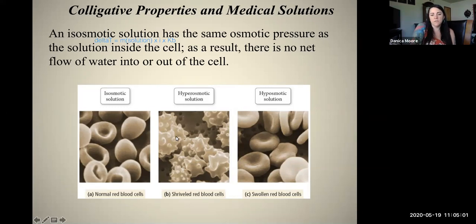Hyperosmotic is when you have much higher concentration of ions outside of the cells. The water is essentially sucked out of the cells by osmosis, right? So this would be why you don't drink seawater, right? And then the last one would be hypoosmotic, where the cells are inflating because there's a lower concentration outside the cell than there is inside the cell. Does that make sense, guys? That makes sense.